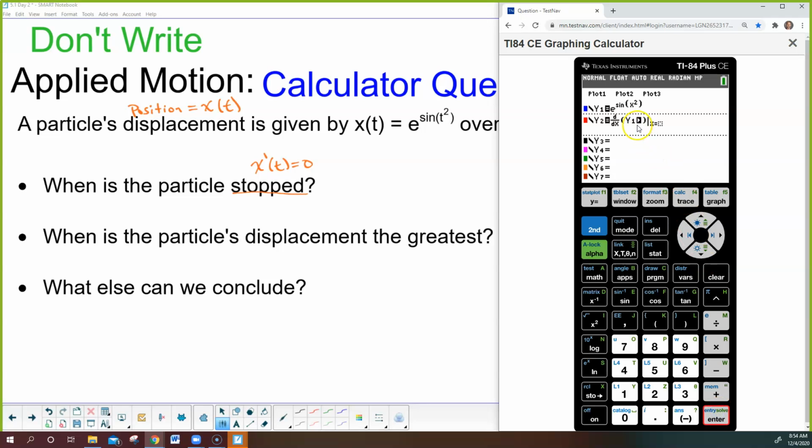That's y1. That's taking this whole equation and putting it in there. Then, as Mr. Loeffler said, x equals, we don't want to put a value, we want the whole function. So that's what should go into your y2. It's saying I'm going to take the derivative of whatever equation was in y1 for all x's.